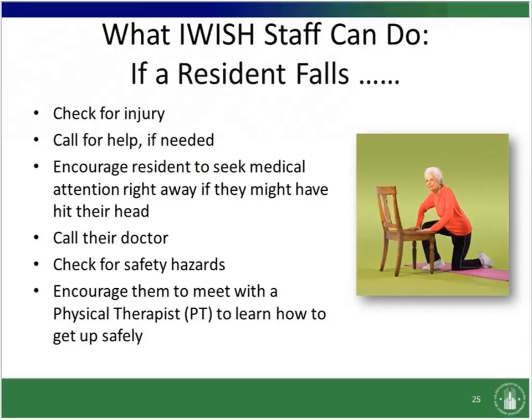So if they have hit their head, I would just err on the side of caution and make sure we have an urgent evaluation, which may include a scan of their brain, which I know would require an ambulance to be called, but I always say it's better safe than sorry, especially as you age. There's just higher risk. And of course, I would say, call their doctor if you have any sort of issue.